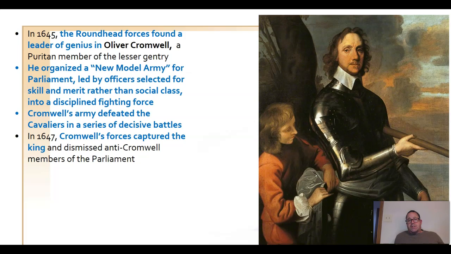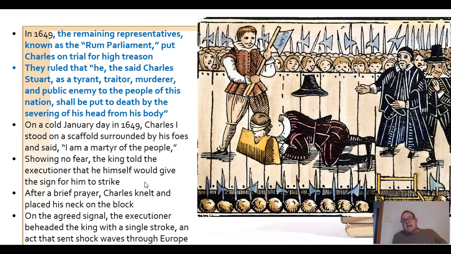That, along with just strict discipline, is enough to help the parliamentary army defeat the Cavaliers, and actually they capture Charles I on the field of battle. Okay, so Parliament has a trial, and he is found guilty of treason, and his punishment is ultimately beheading.